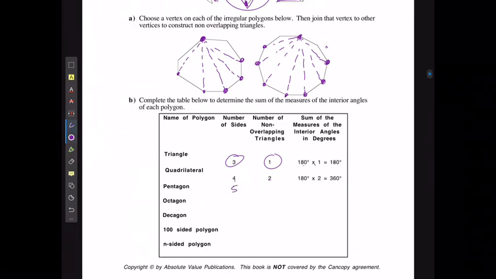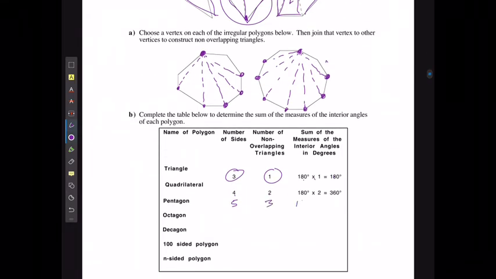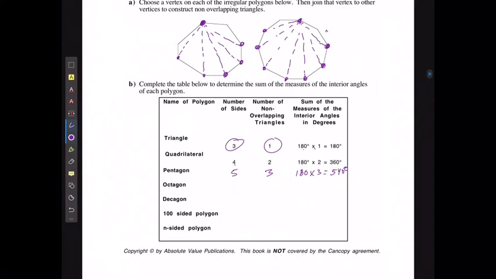If I have 5, then I can see I have 3 non-overlapping triangles, and 180 times 3 is going to give me 540 degrees. If I had an octagon, then it's going to be 8, which means that when I look at the pattern, it's always 2 less. The number of triangles is always 2 less than the number of sides, so I'm going to have 6 triangles, and 180 times 6 is going to give me 1080.